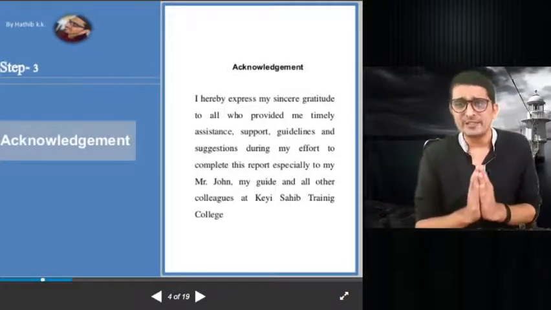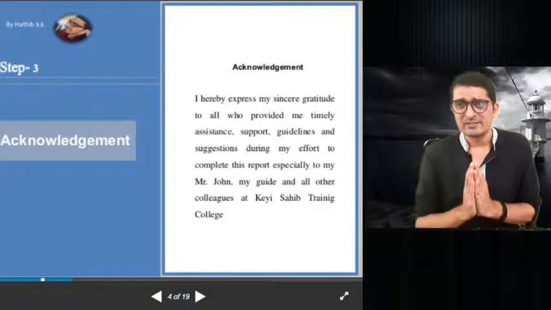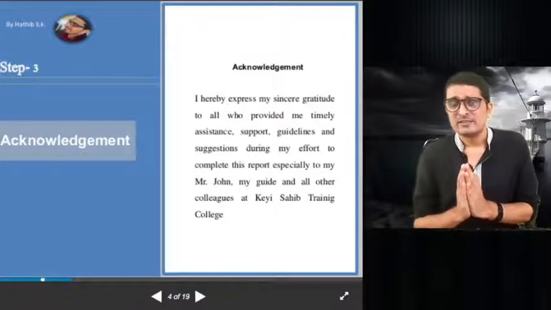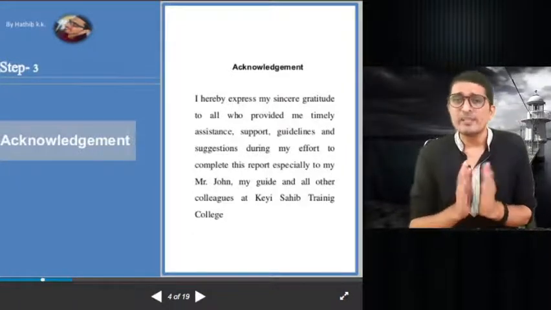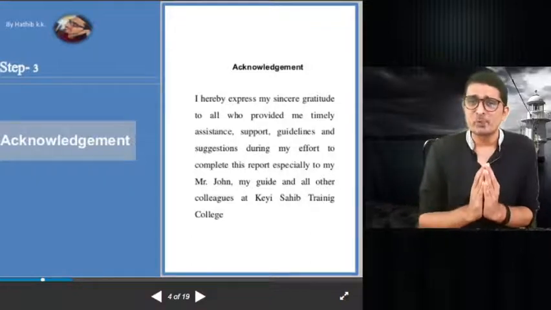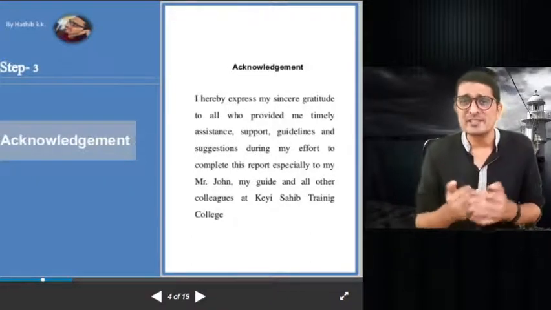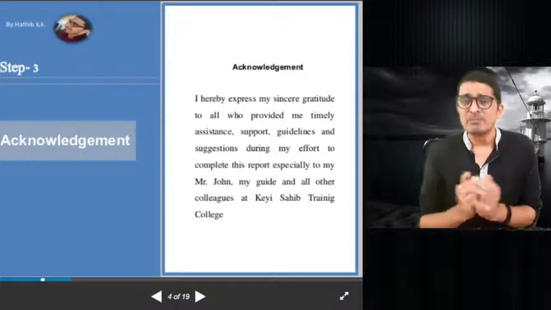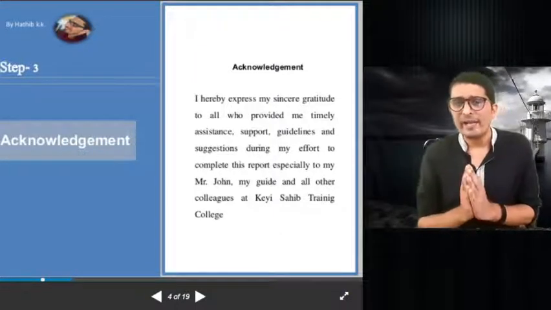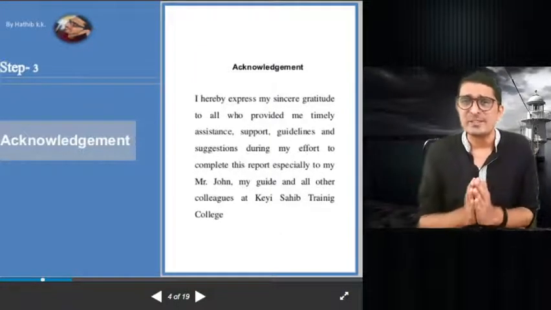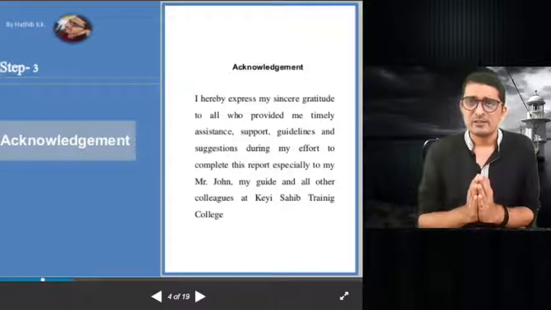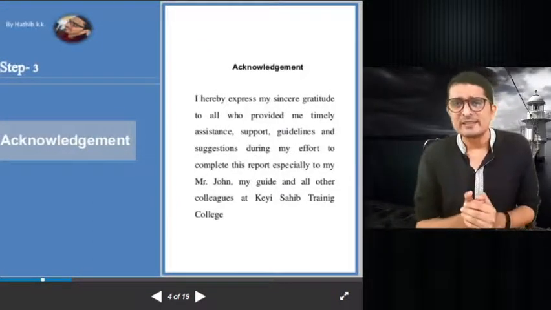The acknowledgement page is the page where the investigator, the person who has completed the project, shows his gratitude to some people who have supported, who have offered some assistance in completing the particular study.